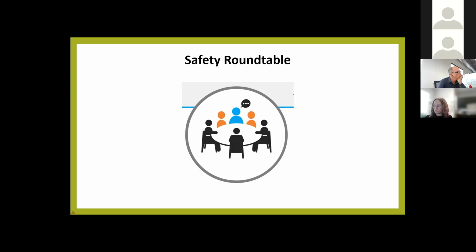Also, we're getting ready to start a new round of intersection prioritization study. We've done a couple of those in the past, so I'll be reaching out to find out people's top locations that they would like us to take an extra look at. Just getting that scoped out right now.